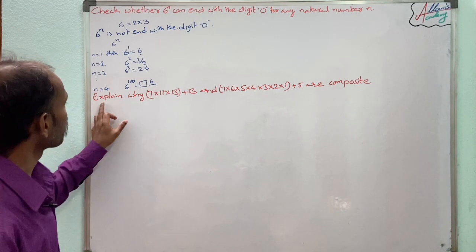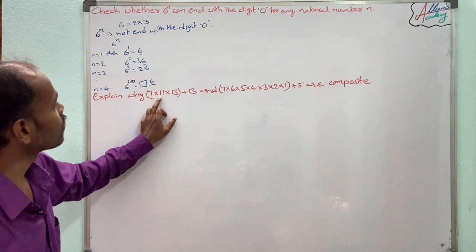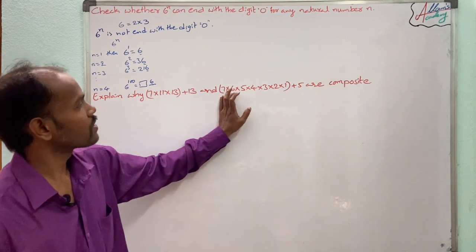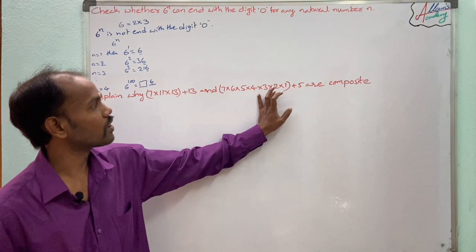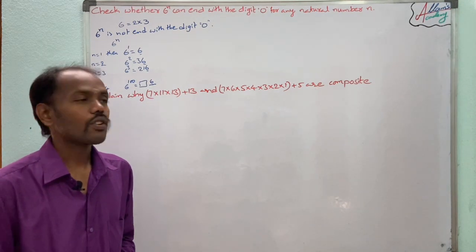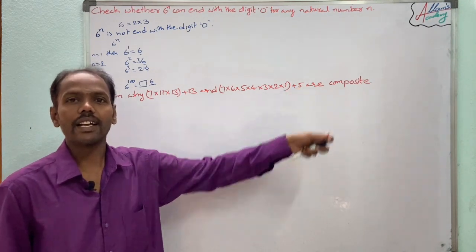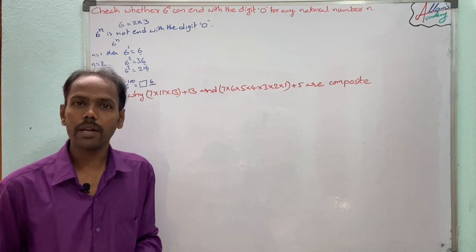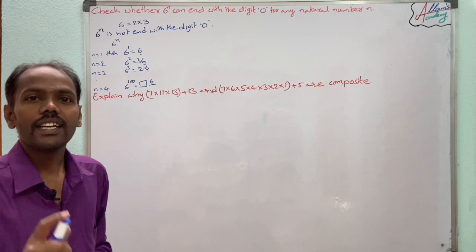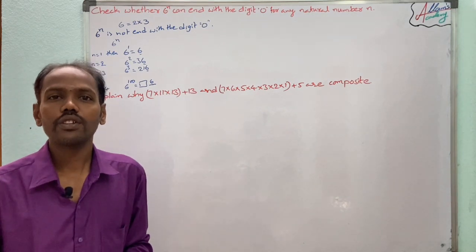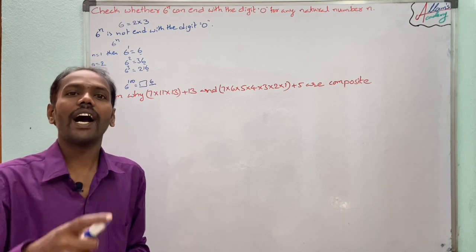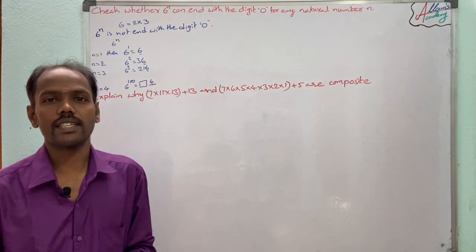Here is a problem: explain why 7 into 11 into 13 plus 13, and 7 into 6 into 5 into 4 into 3 into 2 into 1 plus 5, are composite. A composite number has more than 2 factors, that means 1 and itself and any other number as a factor.